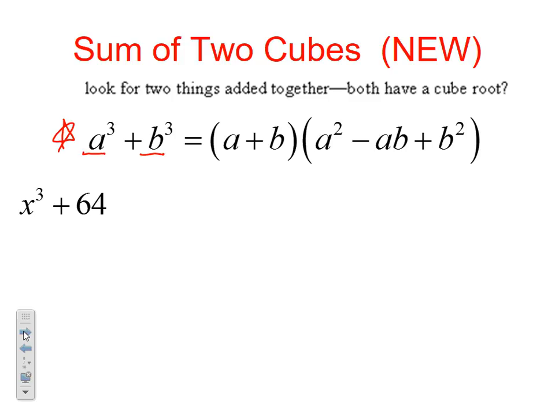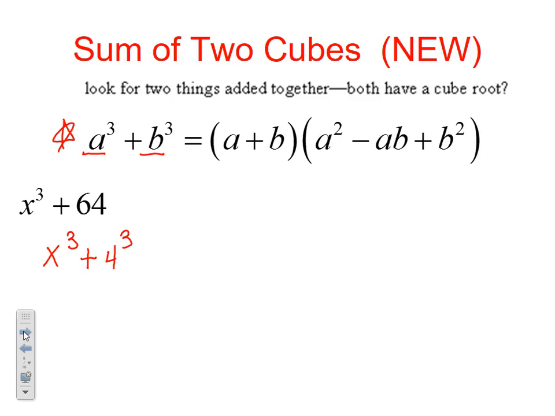Alright, so I have an x cubed here. Now I have to rewrite 64 as a perfect cube. So if I looked at my list of cubes you should have written down, we can rewrite this as x cubed plus 4 cubed, because 4 cubed equals 64. That's the first thing we have to do, is rewrite everything as a cube. Once we do that, we're just going to identify what our a and b are so we can plug it into this equation.